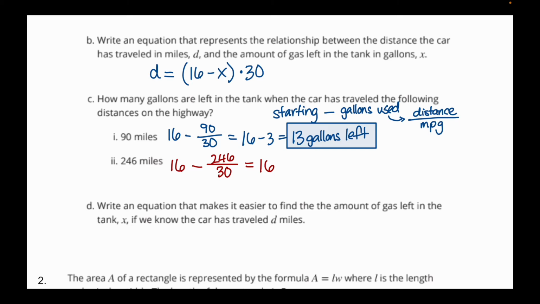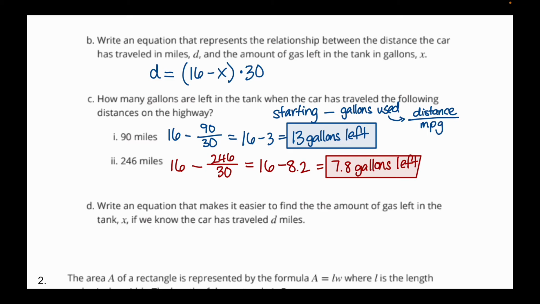So we are going to do 246 divided by 30. And I believe this is 8.2, if I typed that in my calculator right. So now we're going to actually do 16 minus 8.2. And that would give us 7.8 gallons left. So gallons of gas left.